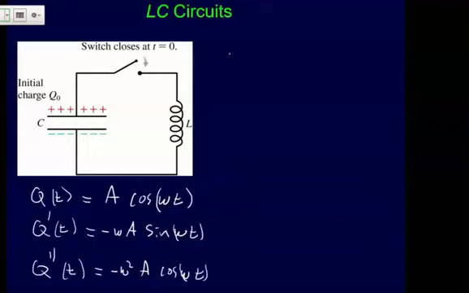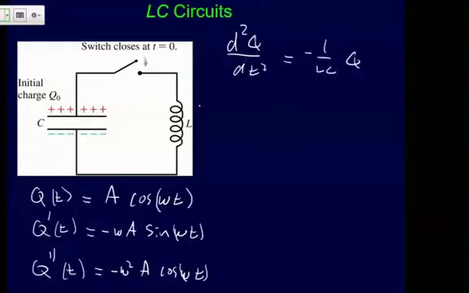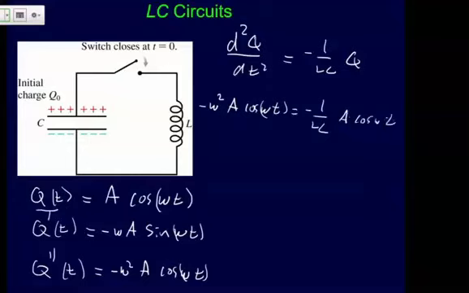And so here's what I was talking about last time. Okay, so if we write the equation this way here, which is a nice way to write it, and then I plug in for that, my second derivative with respect to time would be negative omega squared a cosine omega t, and then that equals negative 1 over LC times my actual charge, which is a cosine omega t.